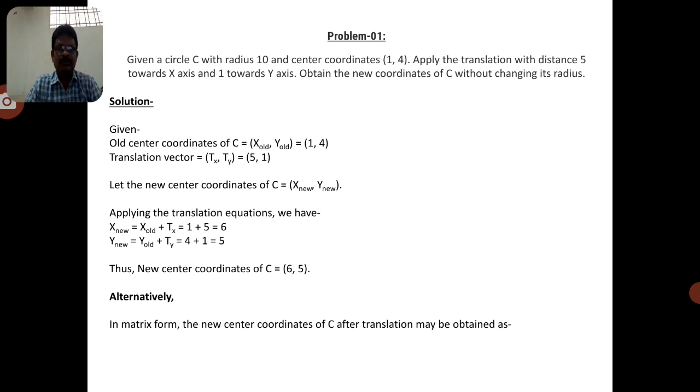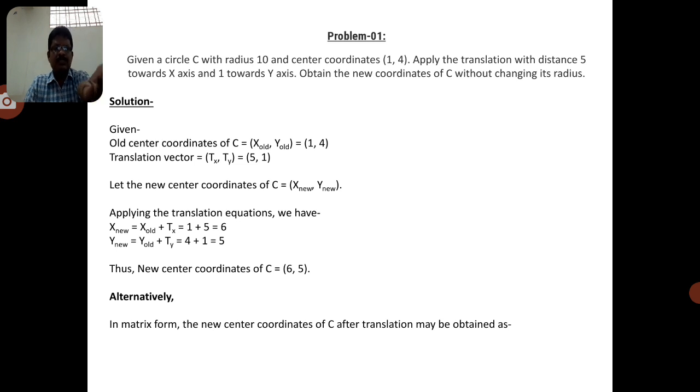The x world value is 1, plus tx, the translation distance towards the x-axis, which is 5. So 1 plus 5 equals 6. Similarly, y new equals y world plus ty. The given ty value is 1. So 4 plus 1 equals 5. The new coordinates of that image after translation are 6, 5.